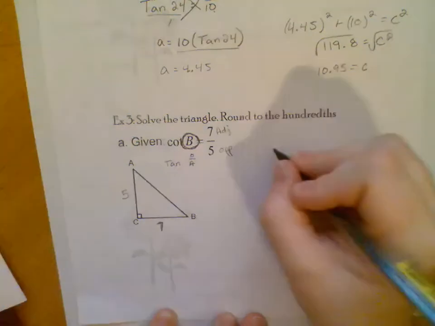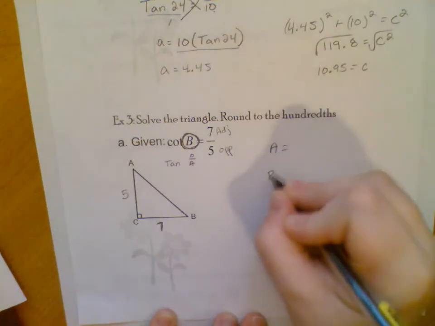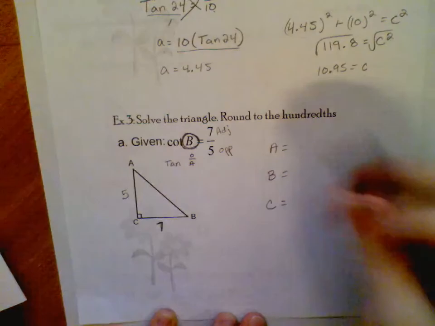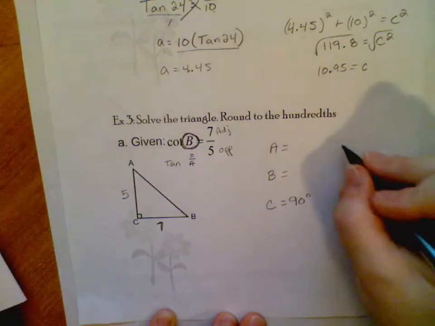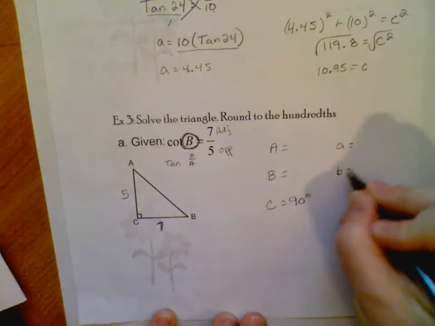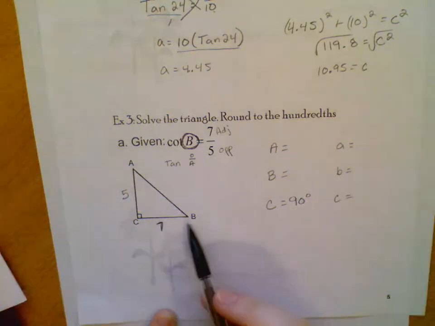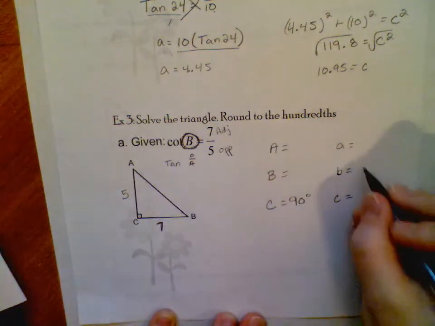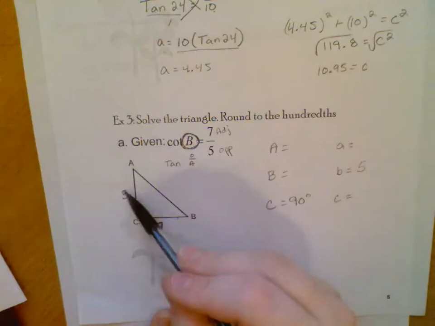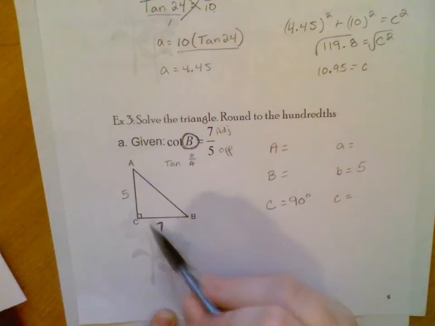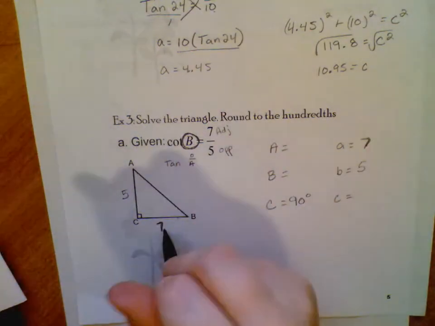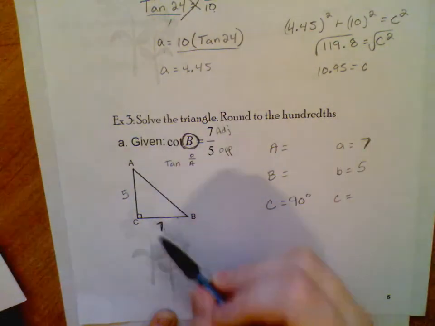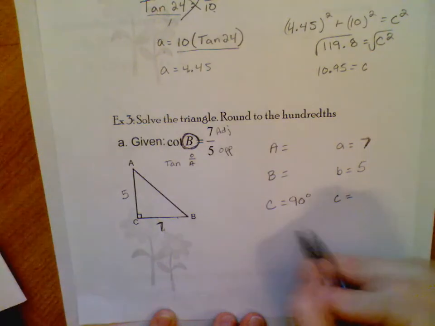I'm solving the triangle, so I like to list everything. I know that angle C is 90. Side A, side B, side C. I know that side B is 5, because that's the side opposite. I know that side A is 7, because it's opposite of angle A. To find my third side, I can do Pythagorean theorem.